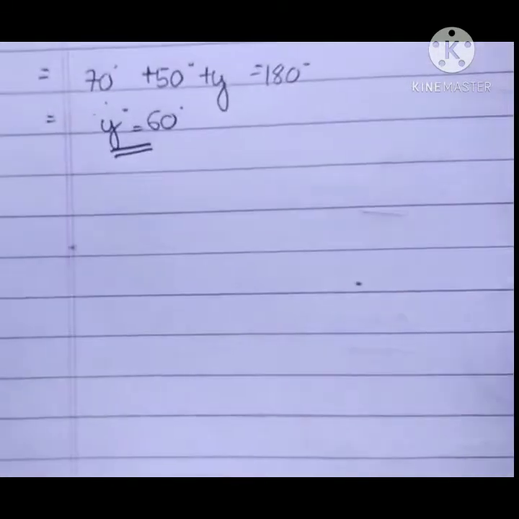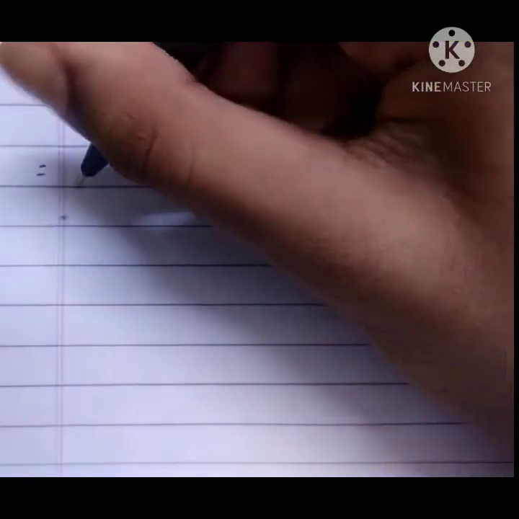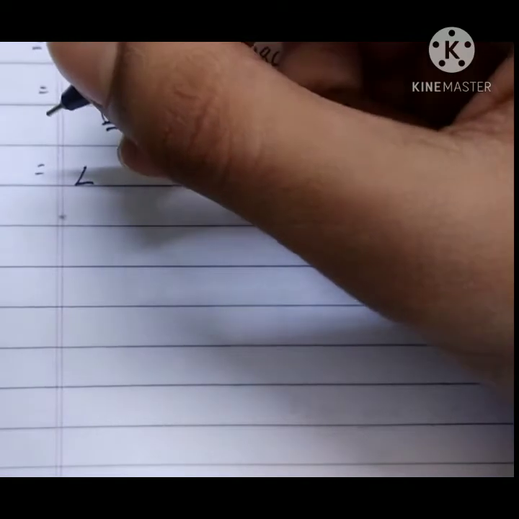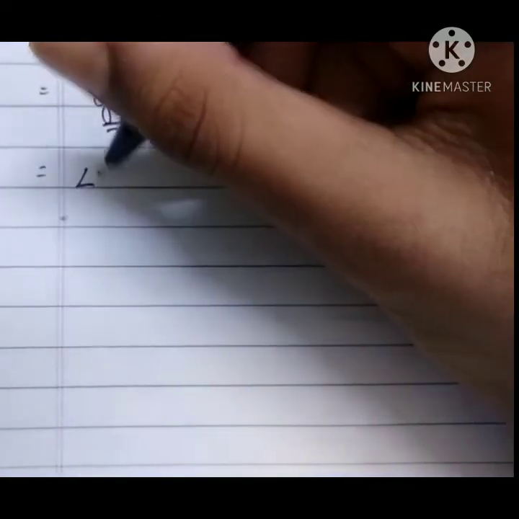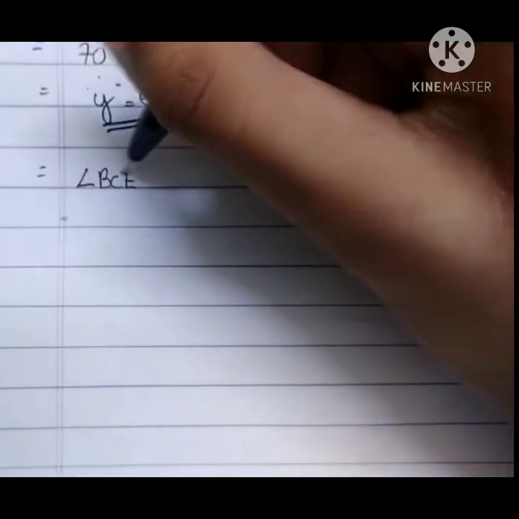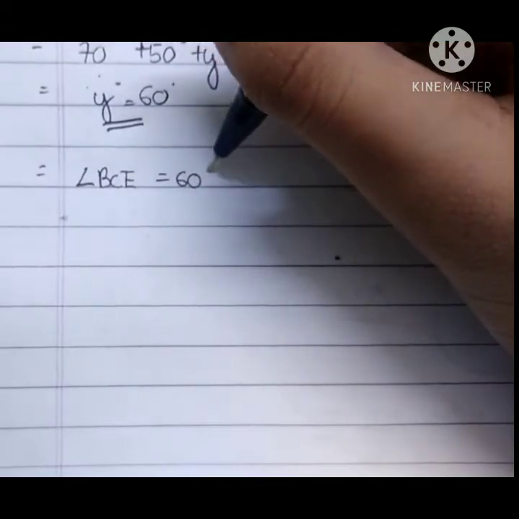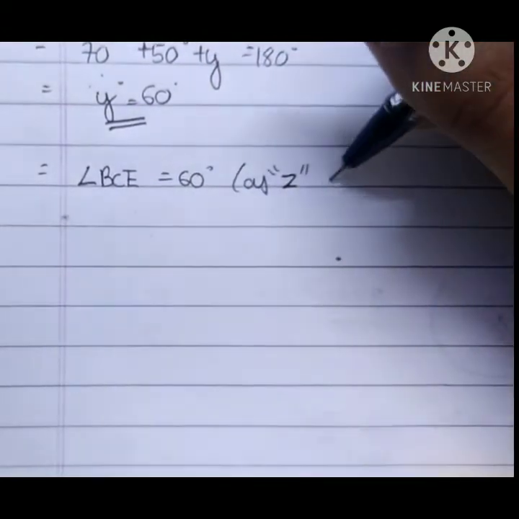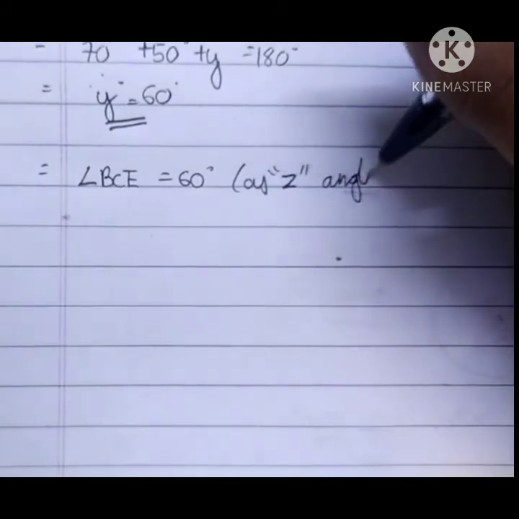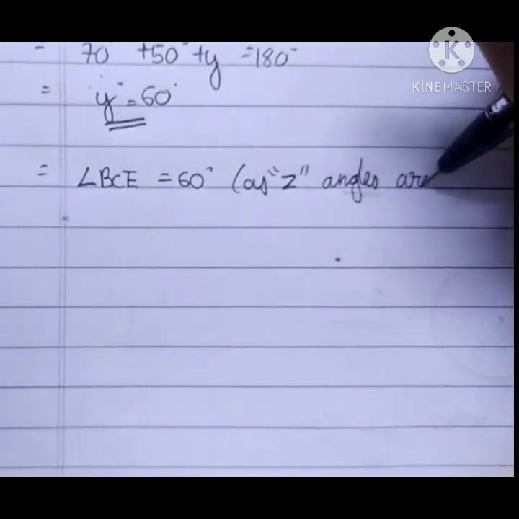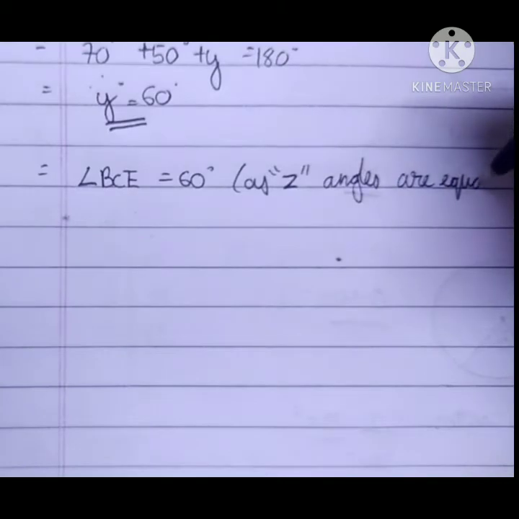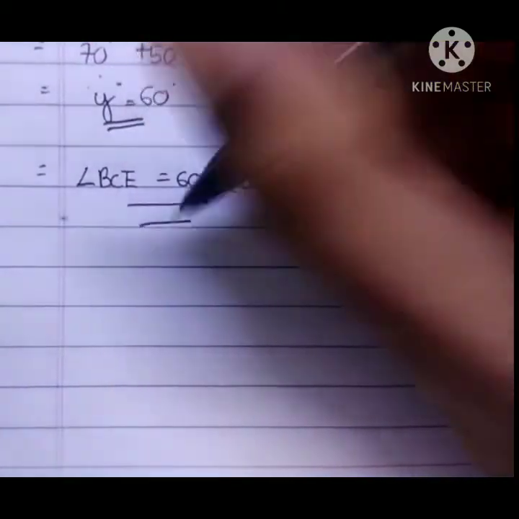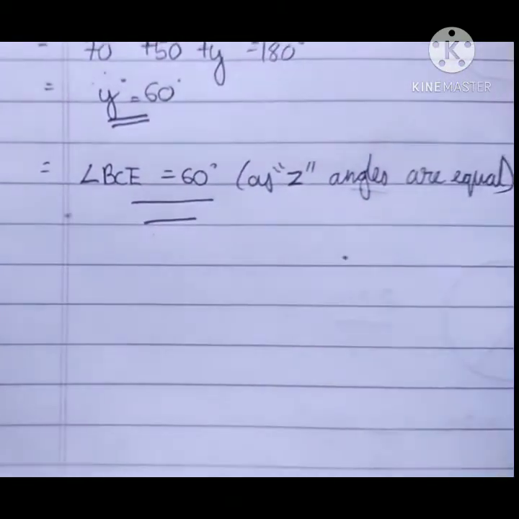And the reason you would write here is that angle BCE is equal to 60 degrees as Z angles are equal. So the question is done and this is our answer. This is the whole presentation.